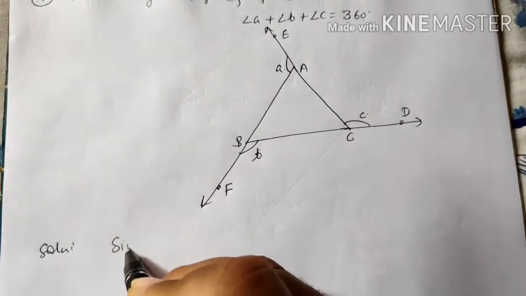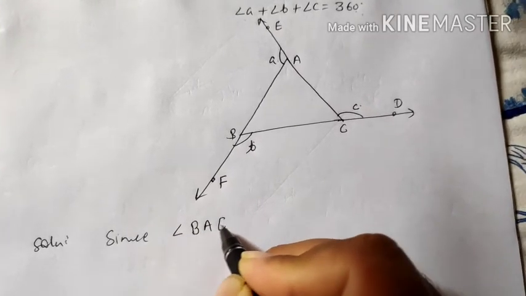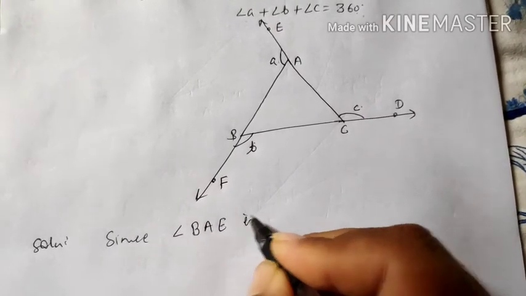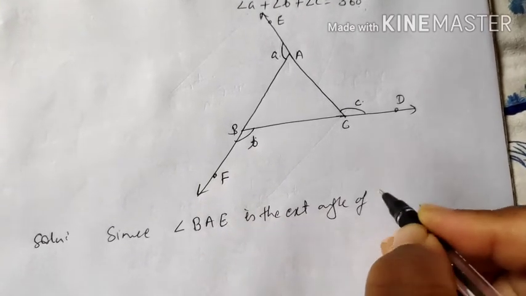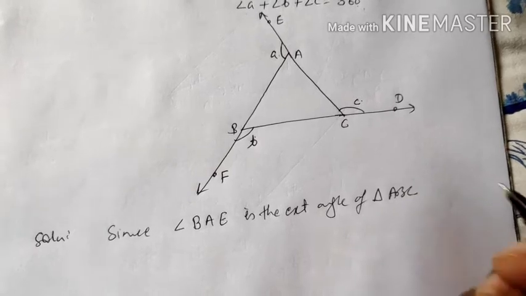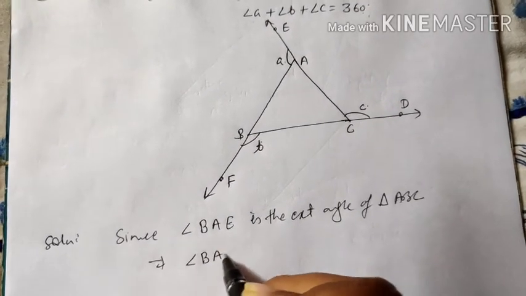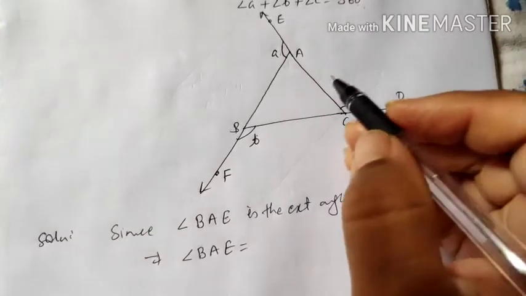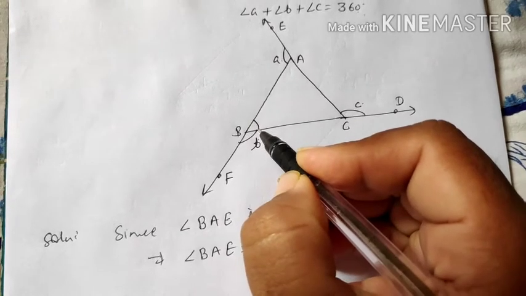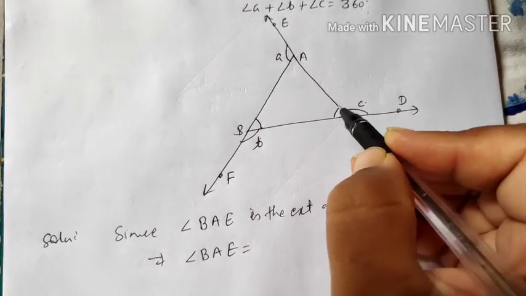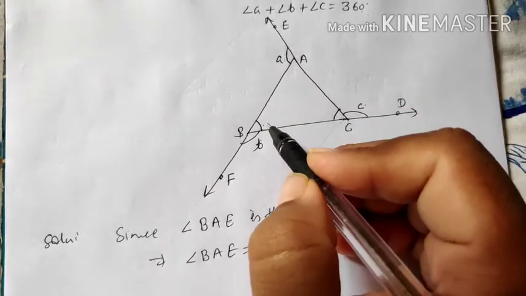So we write, since angle BAE is the exterior angle of triangle ABC, this implies angle BAE must equal its two interior opposite angles, that is angle ABC and angle ACB. So this angle A must equal angle ABC plus ACB.